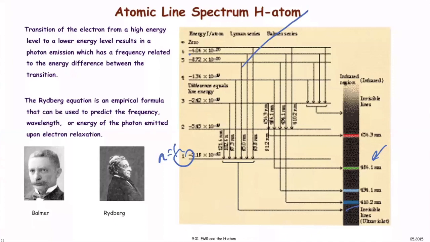We have the Lyman series, where all the electrons from the higher energy states relax back down to the ground state, n equals 1. We have the Balmer series, where all the electrons from the higher states relax to n equals 2. Of course, when the electrons are at n equals 2, they have to go back to the ground state.